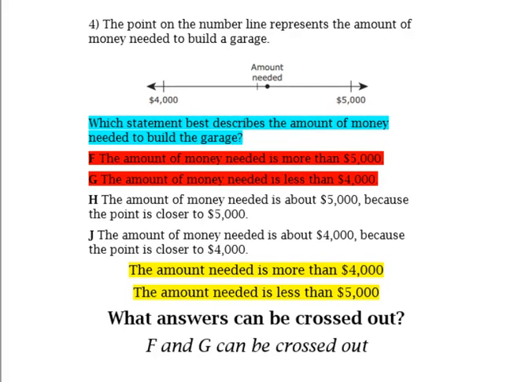If you said you can cross out F and G, you are correct because F says the amount of money needed is more than 5,000. Well, we know that that's not true. And G says the amount of money needed is less than 4,000. So that would mean like maybe 3,000, and that's not correct because on our number line it's between $4,000 and $5,000.